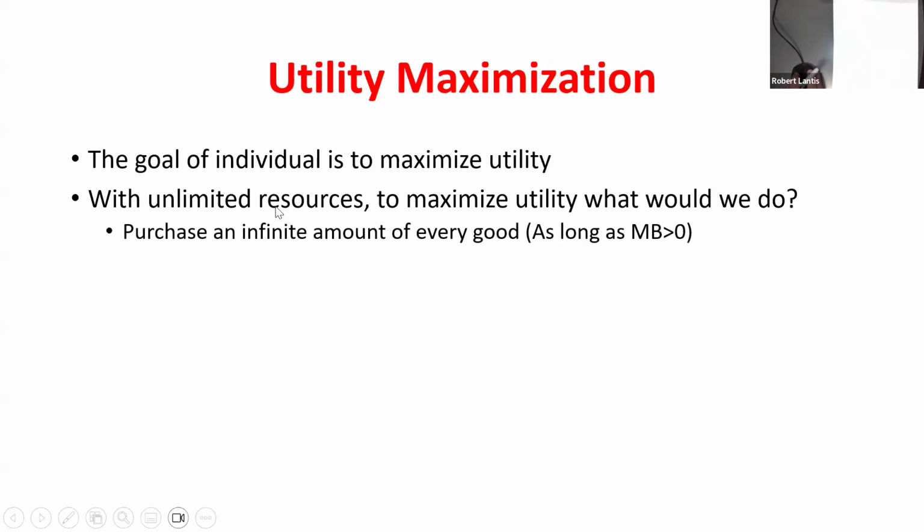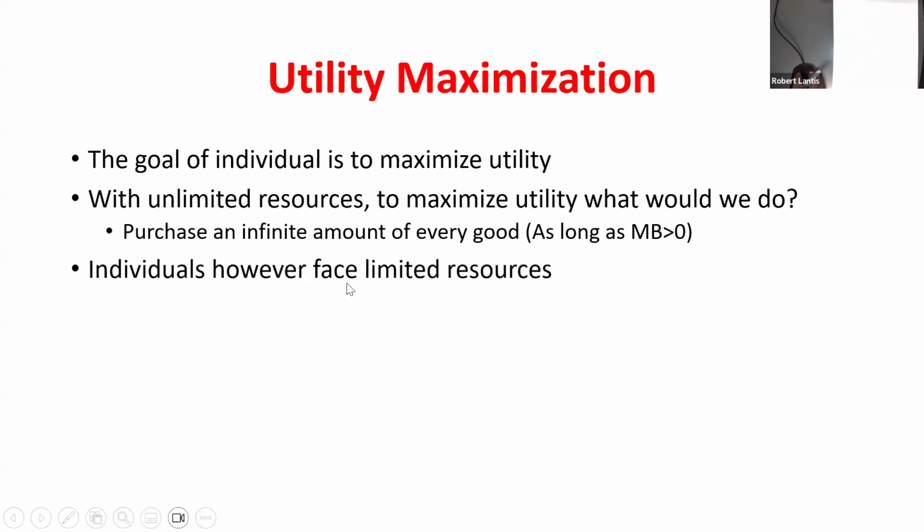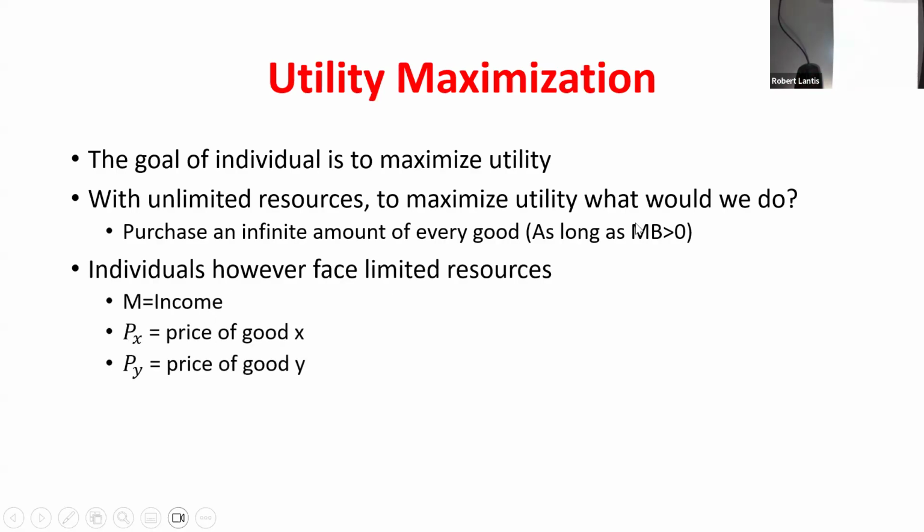The problem is no consumer has unlimited resources. They're going to face a budget constraint. So we've already talked about the components of that budget constraint. How much income does the individual have? And what are the prices of the two goods? If I've got income and the prices of these two goods, I know there are going to be some things where the marginal utility is positive, but it's not greater than the price of the good.